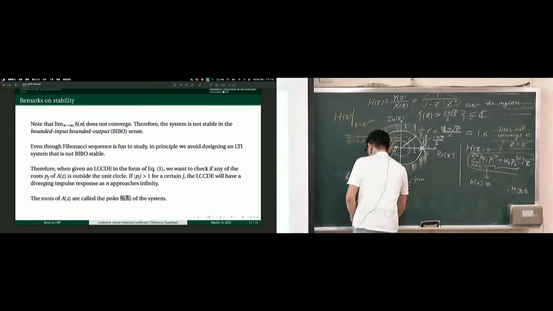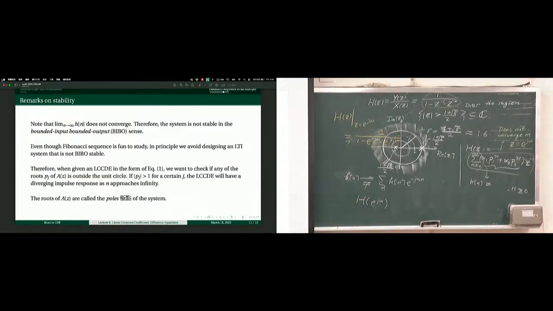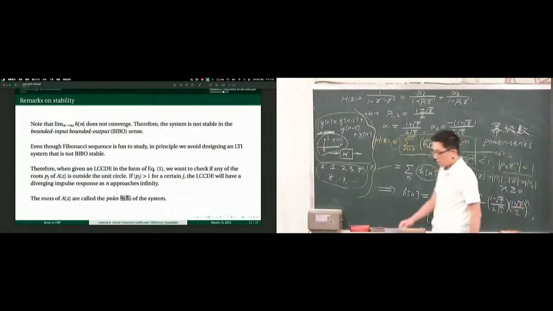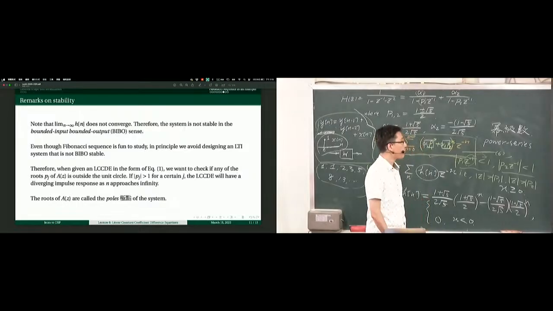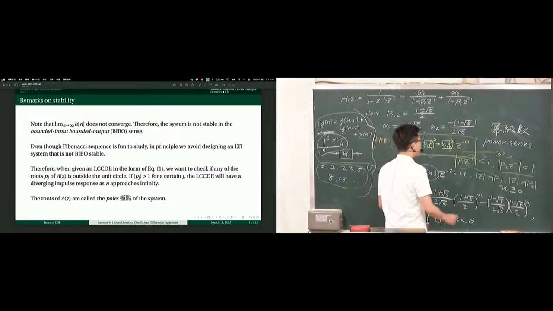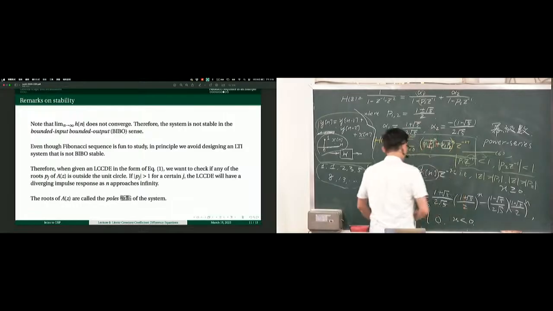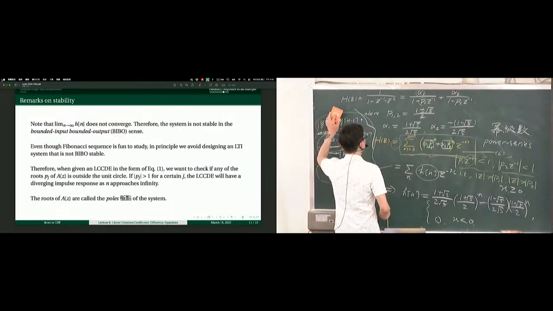The roots of B of z also exist, and they are called the zeros.